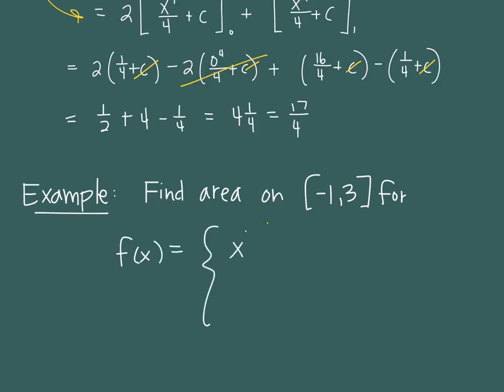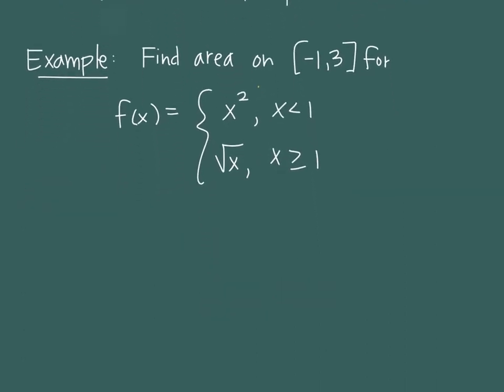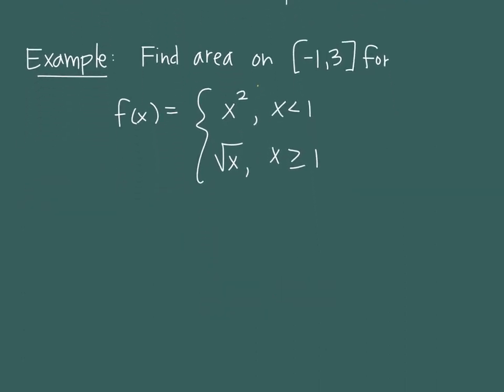So that means you have a parabola as long as x is less than 1, and then it switches to a square root as long as x is greater than or equal to 1. So this would be another case where you would use the addition of two separate integrals.